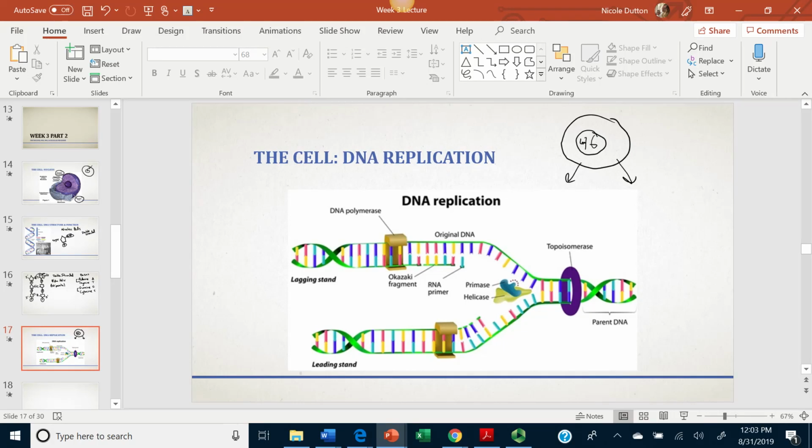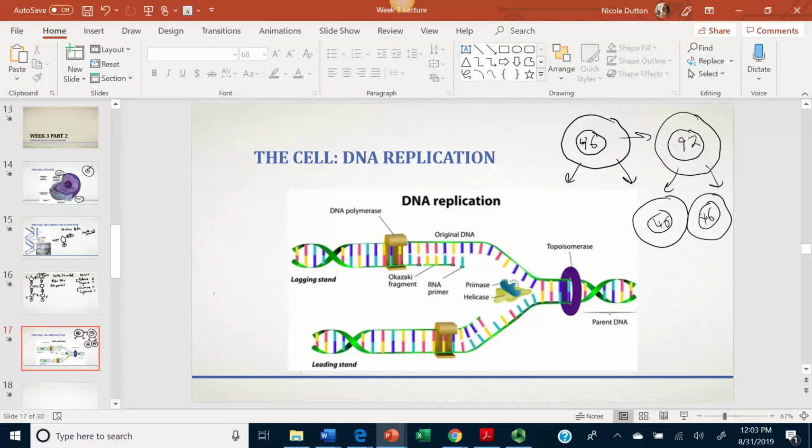If you get a paper cut on your skin, you want to be able to regenerate those cells and grow new cells to repair that paper cut. So instead of just taking the 46 and splitting it in half, we actually have to double the genetic material so that we have 92 chromosomes. And then when we split them in half, we'll end up with equal cells that have 46 and 46.